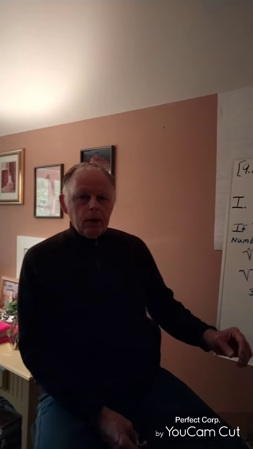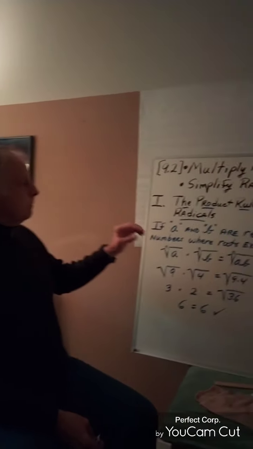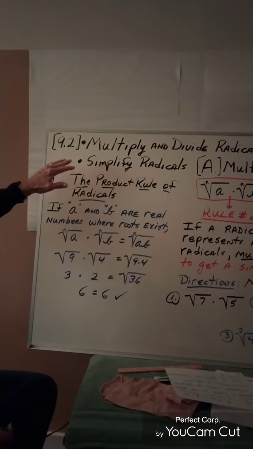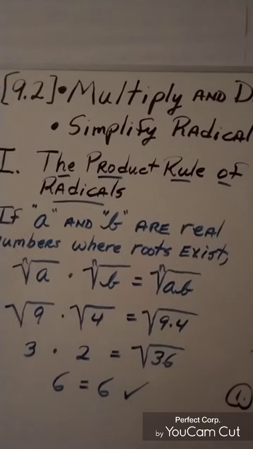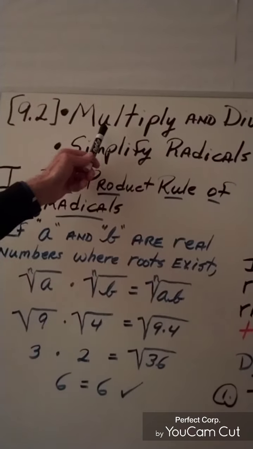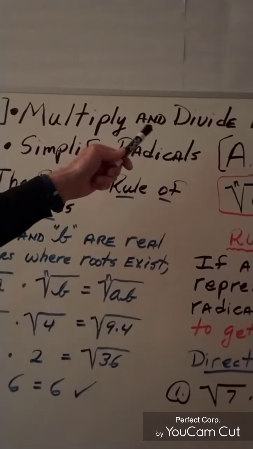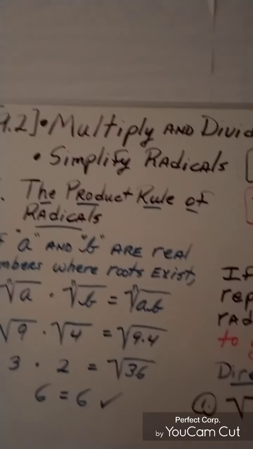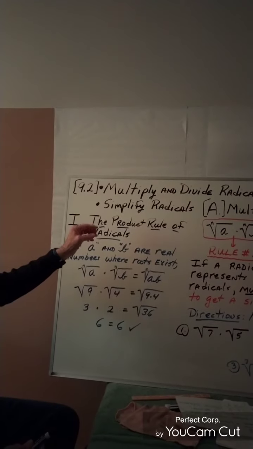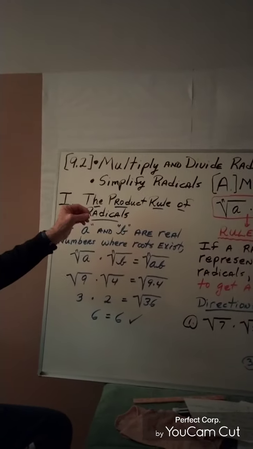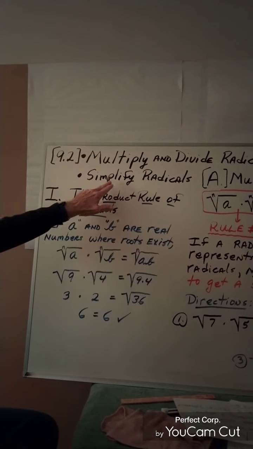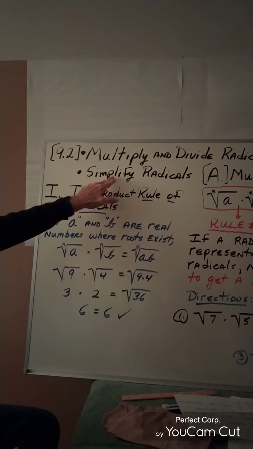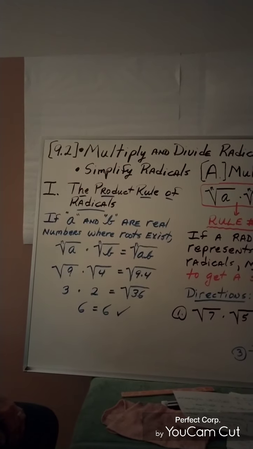So we're going to turn the attention now to the board, and we're going to spotlight what 9.2 is going to direct us to do. We're going to multiply and divide radicals. And we are going to use the multiplication rule and the division rule to also simplify radicals.